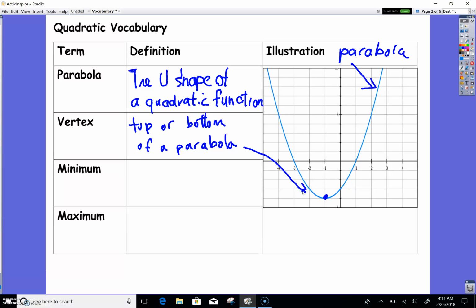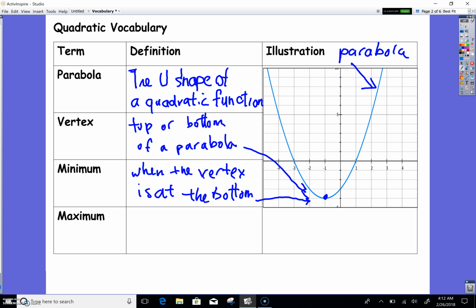The minimum is when the vertex is at the bottom. So that right there is a minimum.